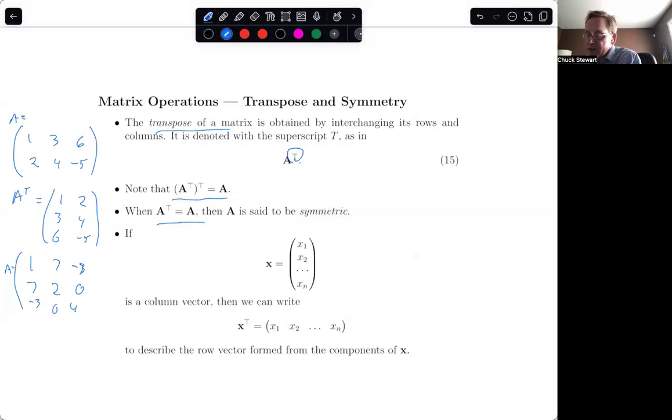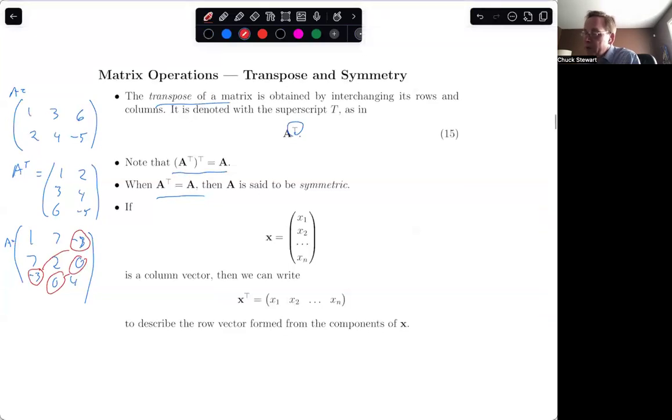So this matrix is symmetric because these are the same, and it's also true for these. And of course, a symmetric matrix can only be square.